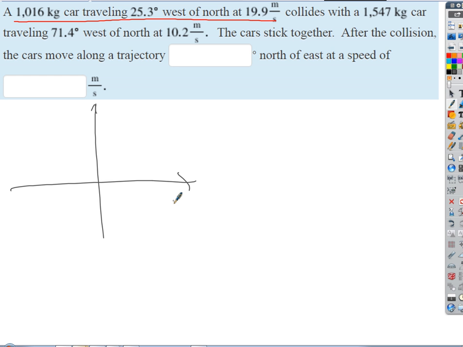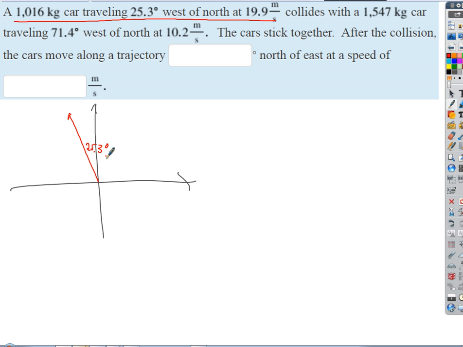I'm starting at north and veering to the west, right? Does that make sense? So this one looks like that, where this is 25.3 degrees, and the magnitude is that times that.